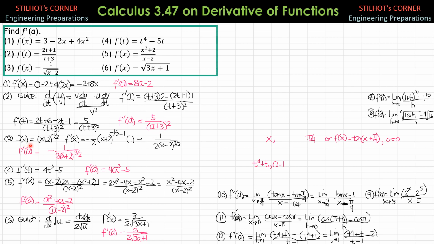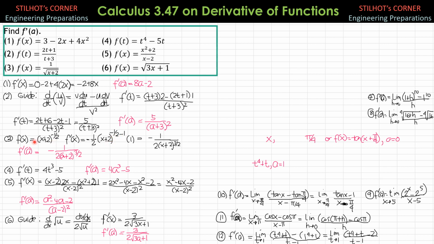Number 3, f of x is quantity. We rewrite this so that we can apply power formula into quantity x plus 2 raised to negative 1 half. So f prime of x is negative 1 half, then times quantity x plus 2 to the negative 1 half minus 1 by power formula.